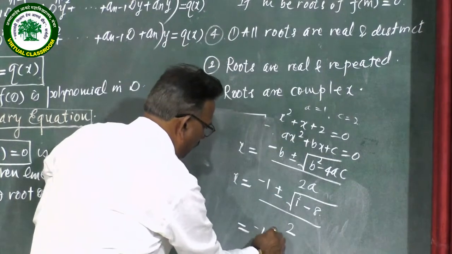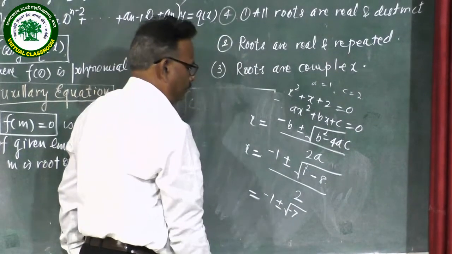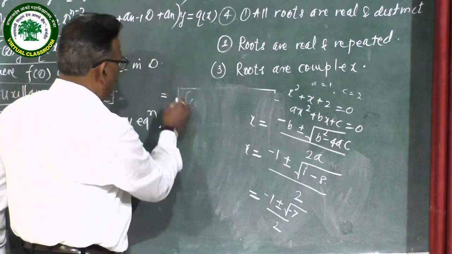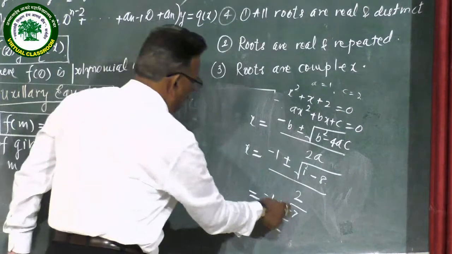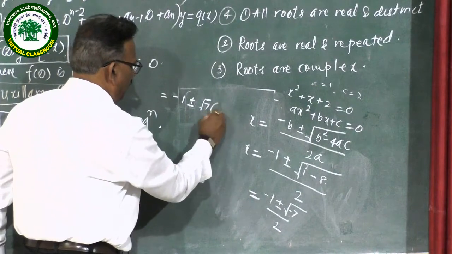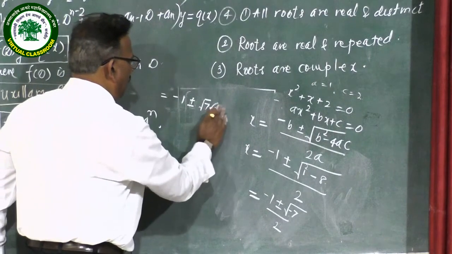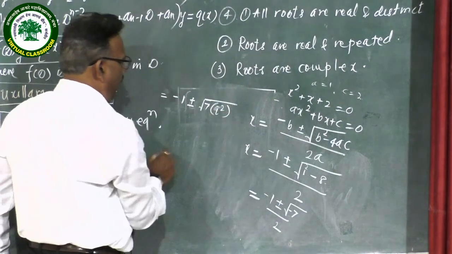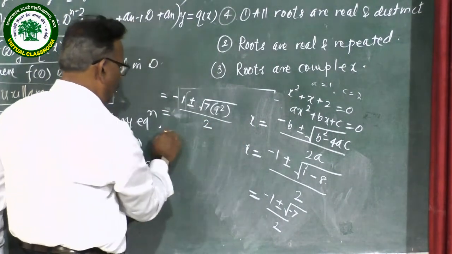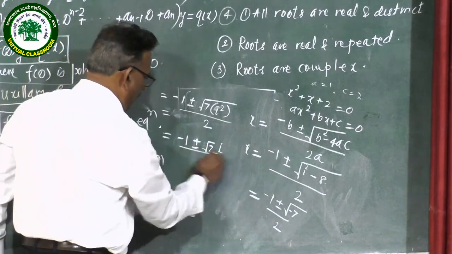Therefore it is minus 1 plus minus root of minus 7 divided by 2, which simplifies as minus 1 plus minus root 7 i, where minus 1 is taken as i square, the imaginary part, with i taken outside, divided by 2.